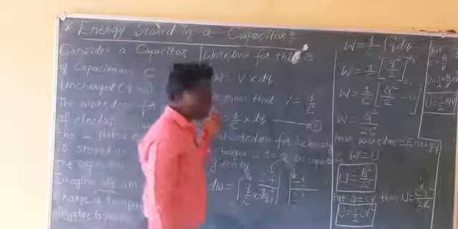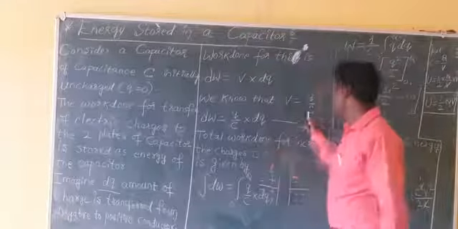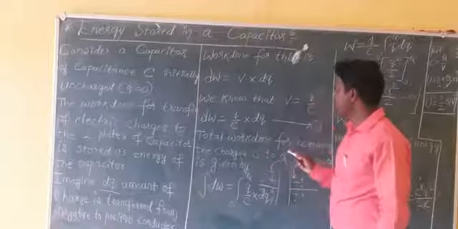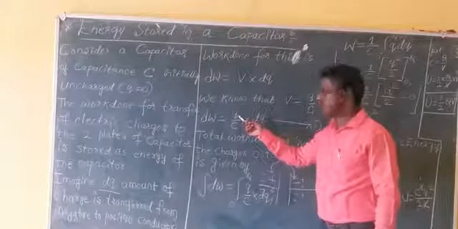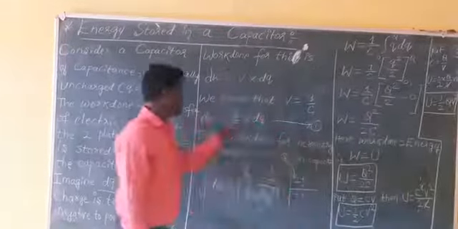Now we use the concept of capacitance. Capacitance C equals Q by V, or V equals Q by C. Put V equals Q by C in this formula: dW equals Q by C into dQ.